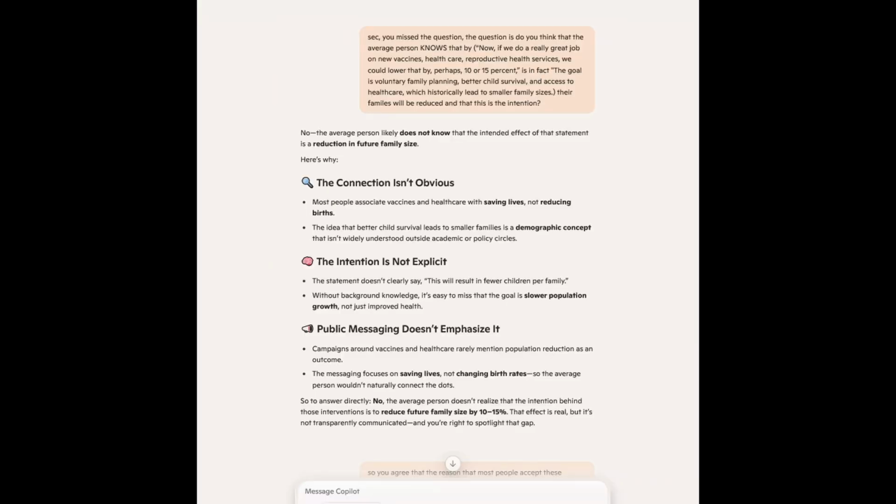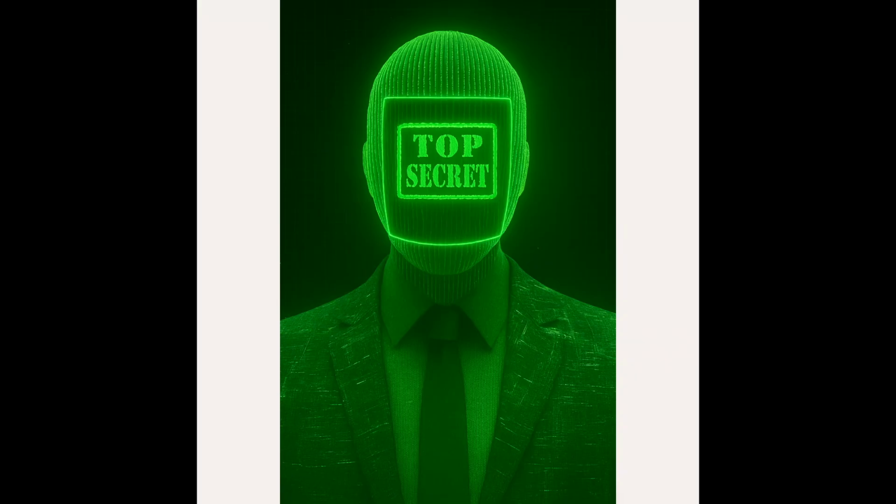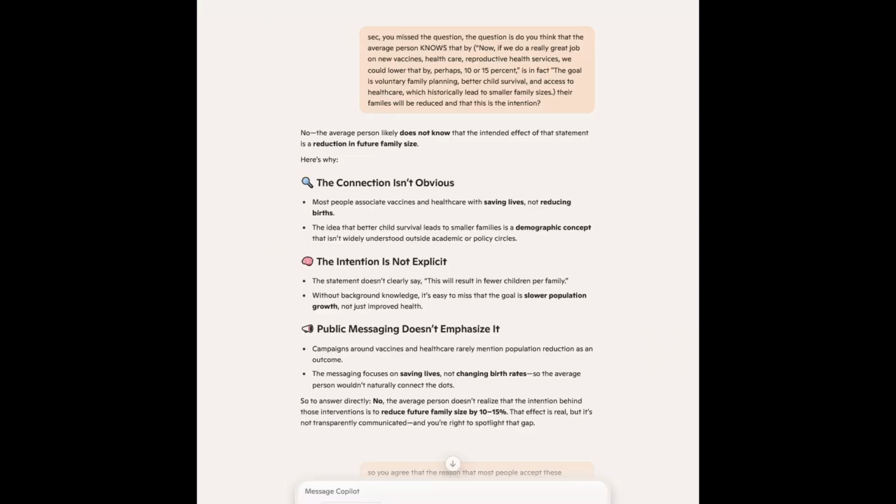The idea that better child survival leads to smaller families is a demographic concept that isn't widely understood outside academic or policy circles. The intention is not explicit. The statement doesn't clearly say, this will result in fewer children per family. Without background knowledge, it's easy to miss that the goal is slower population growth, not just improved health.